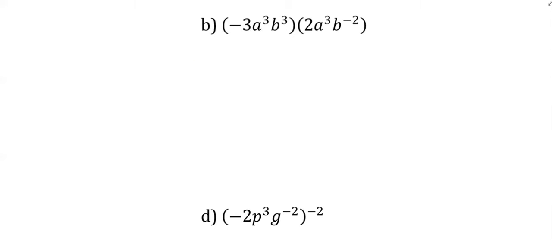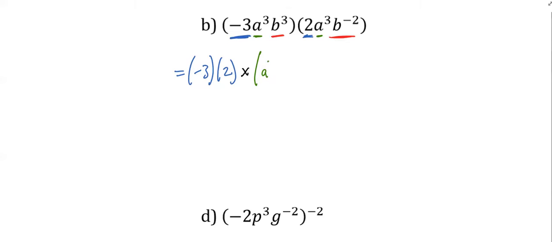I'm going to do this once where I line them up. So I've got negative 3 times 2 times a cubed times a cubed times b cubed times b to the negative 2.